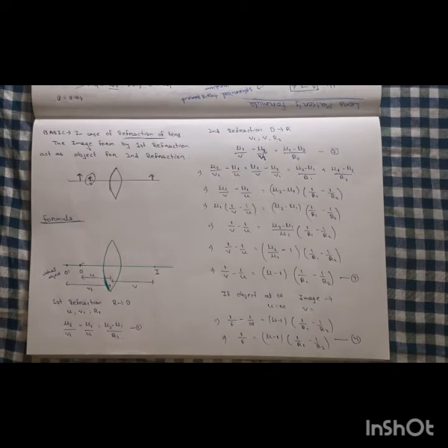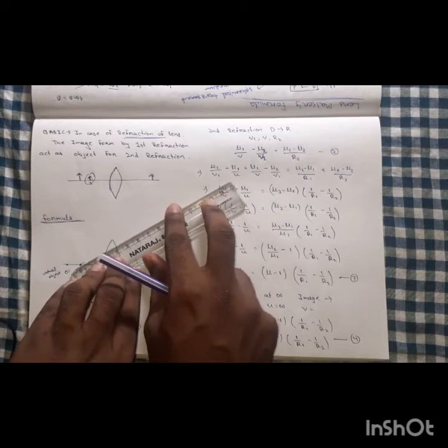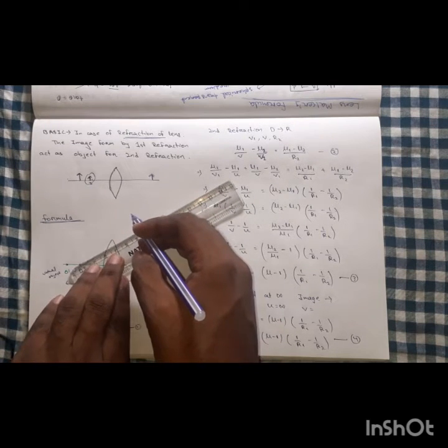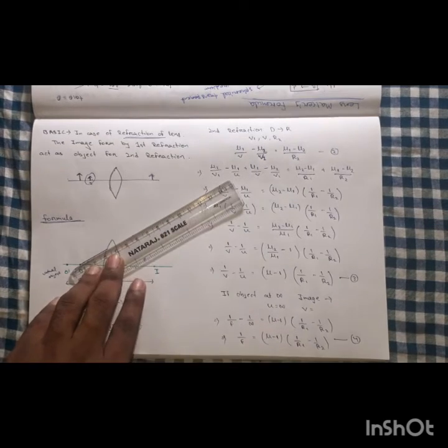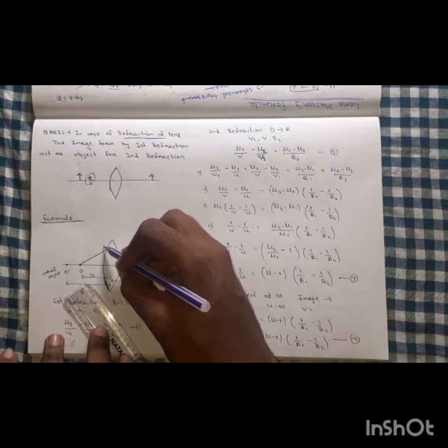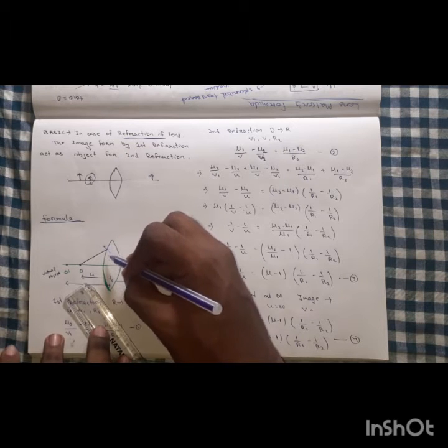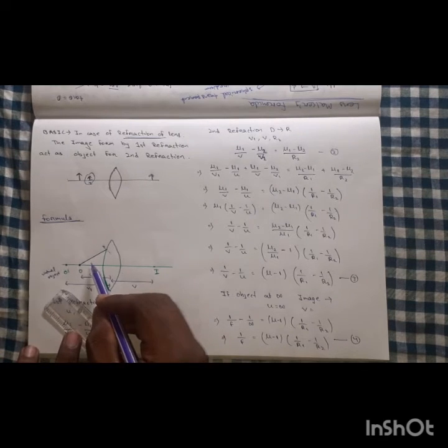Okay, then how will the ray diagram be drawn? Listen carefully. From the object, a ray goes and touches this surface, and this is the normal for this surface of the lens.